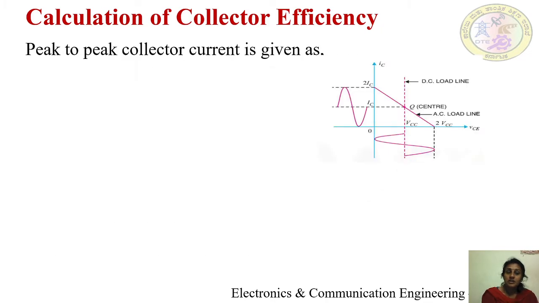And similarly, peak to peak collector current is given as IC peak to peak is equal to 2 IC, from here to here.